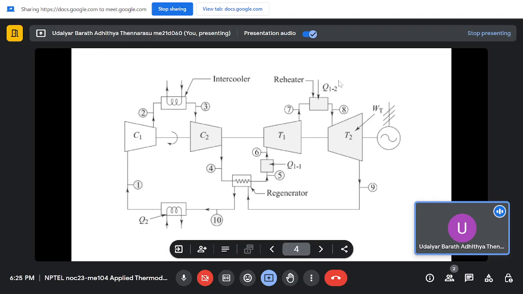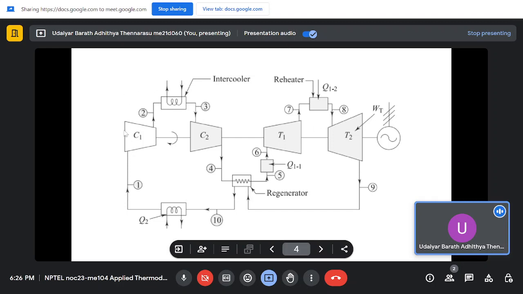So Q11 and Q12 are the heat provided, and then it goes to a second stage turbine and some work is produced. The net turbine work WT for case 2 will be greater than the turbine work without reheat. The same for the compressor: the net compressor work with intercooler will be less compared to without intercooler.